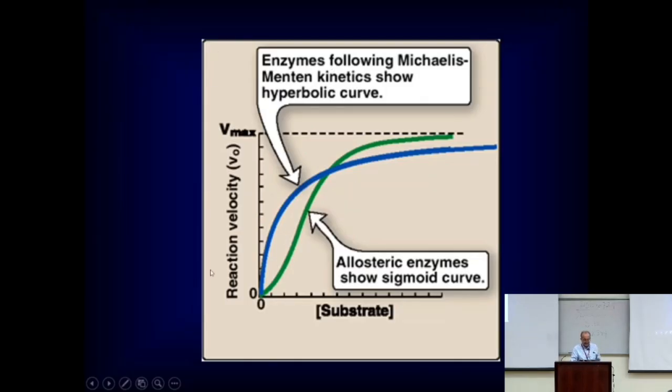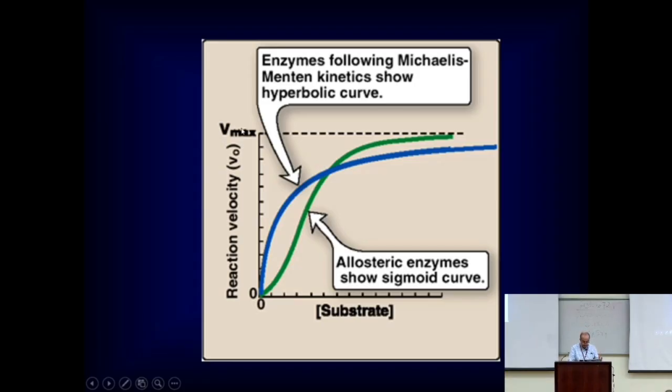Here's an enzyme reaction, velocity, as a function of substrate concentration. This blue line is a representative enzyme that follows Michaelis-Menten. It starts kind of in a linear phase and then eventually saturates at Vmax.